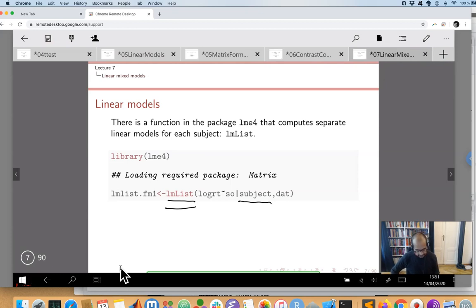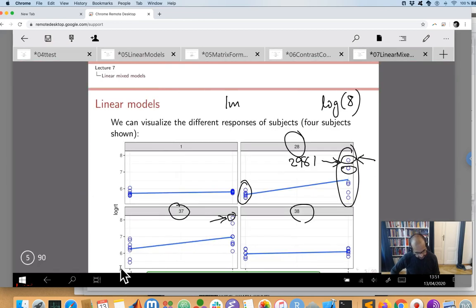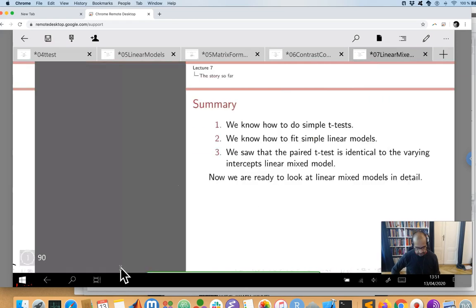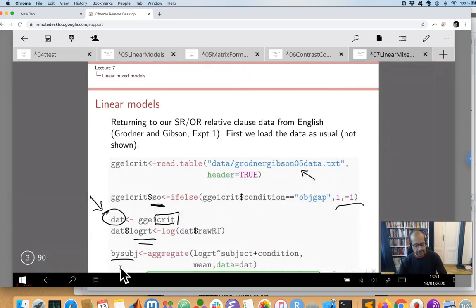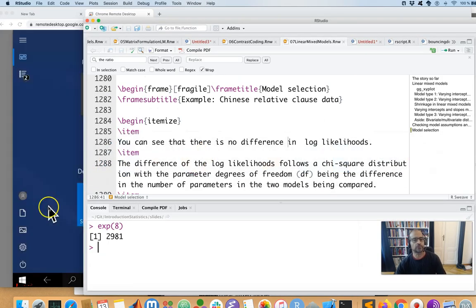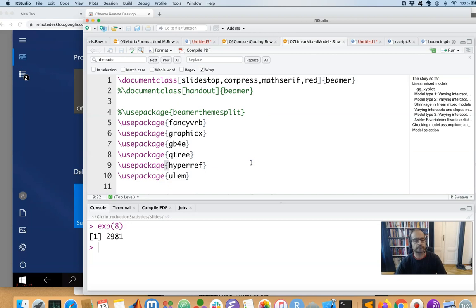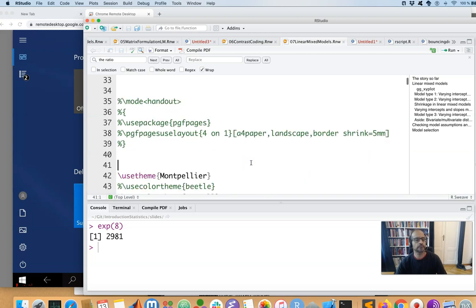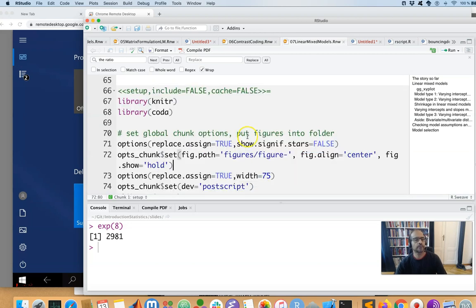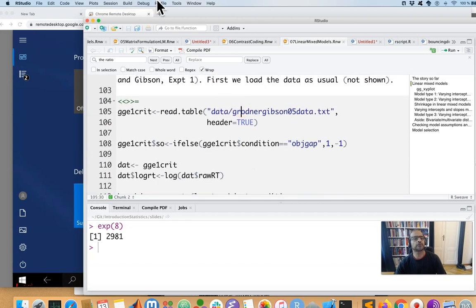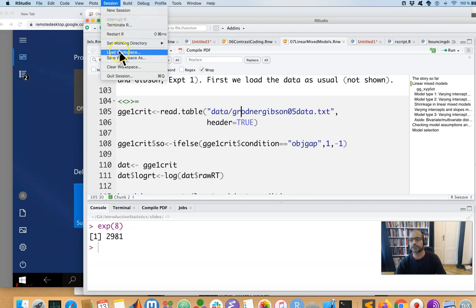So in our data frame, did I print out the data frame? Let's take a look at what the data looks like. I don't want to rush through this right now. So let's load the data. Here we go. First I have to change to the correct directory.